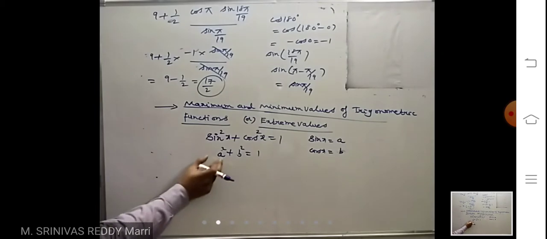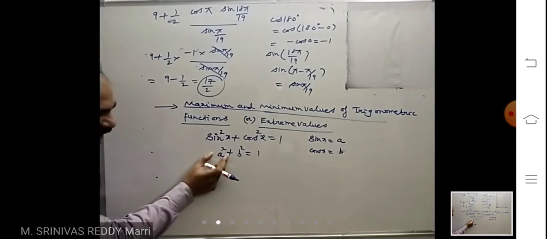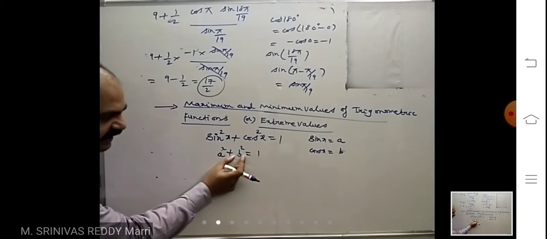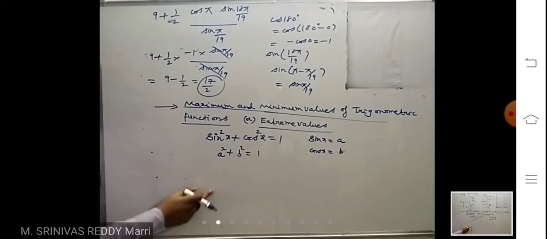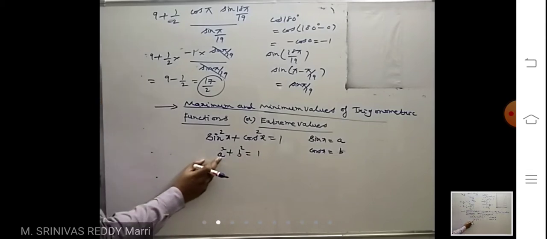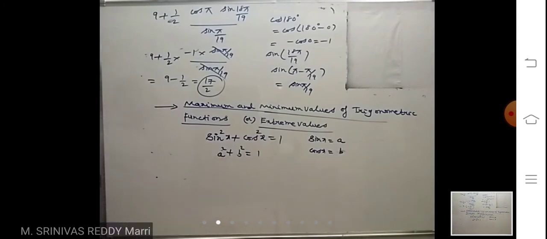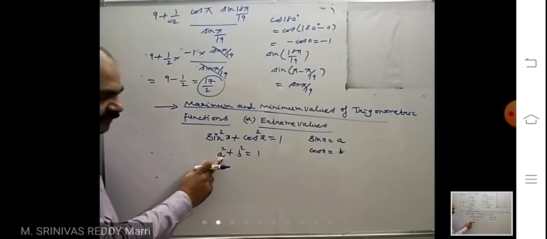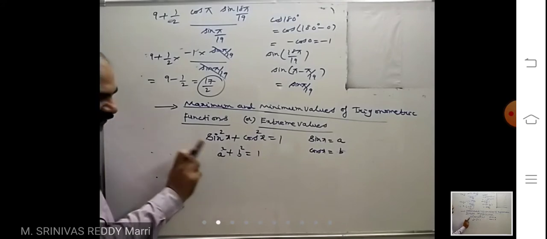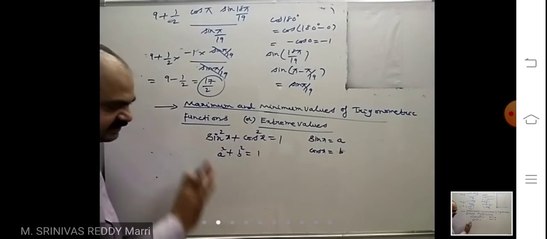So a square is less than or equal to 1, and similarly b square is less than or equal to 1. Let us take an example. Suppose a equal to 1, b equal to 0. What do you get? This square plus this square equal to 1. So that is the maximum value of a: only 1.